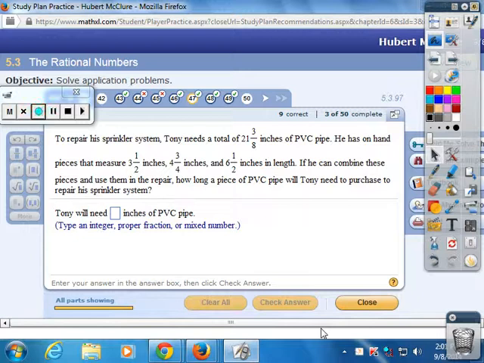So what are you going to have to do to these three guys? You're going to have to add them up, and then subtract them from 21 3/8. There you go, piece of cake.